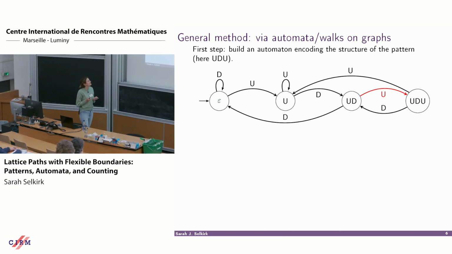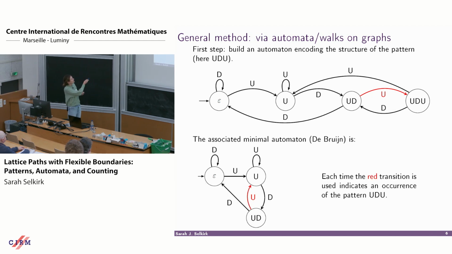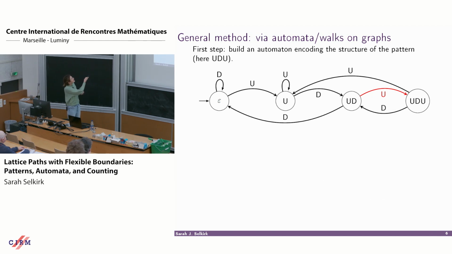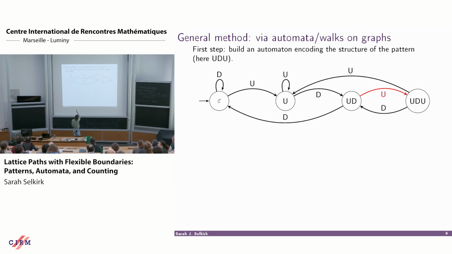So again, carrying on with the theme of up, down, up, reminding ourselves of automata from yesterday, we already saw definitions, but we have a set of states, which in this case are these circles over here. We have an alphabet. In this case, our alphabet is up and down. We have transitions.